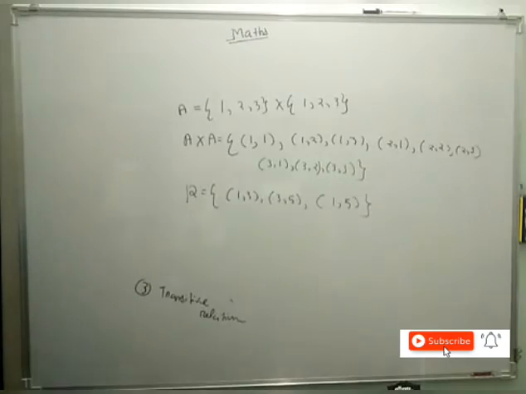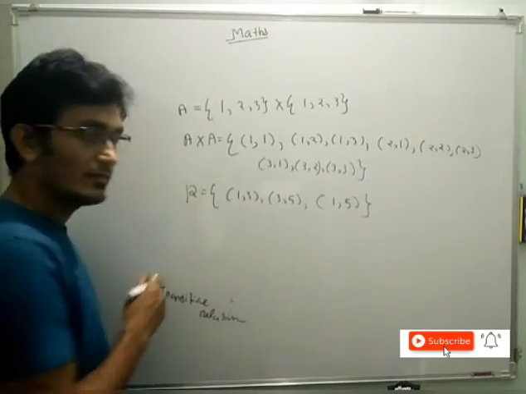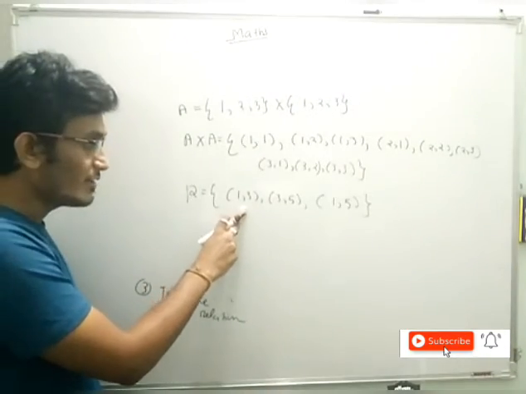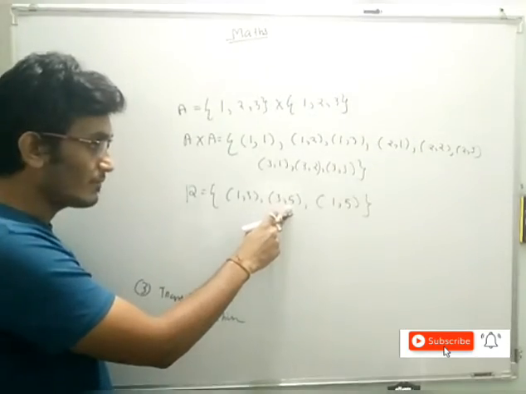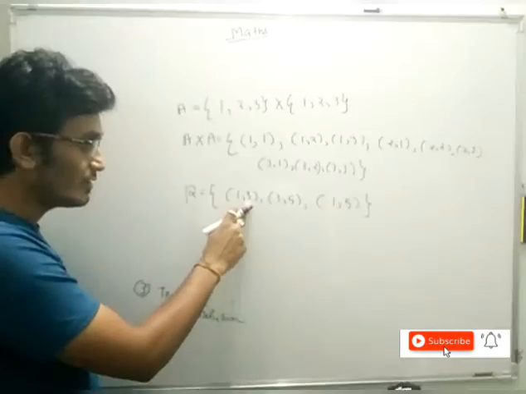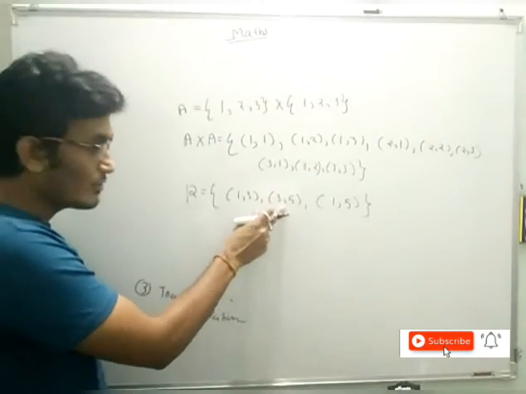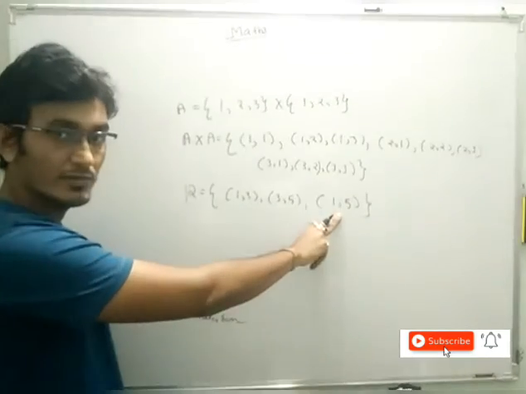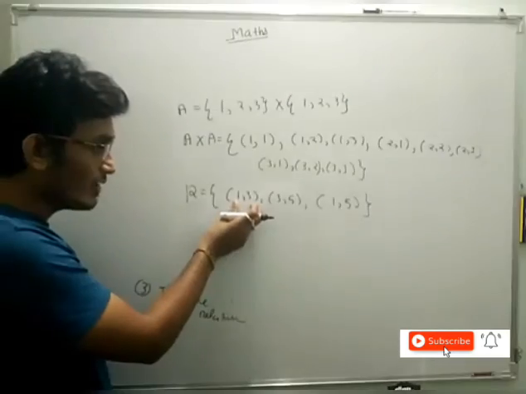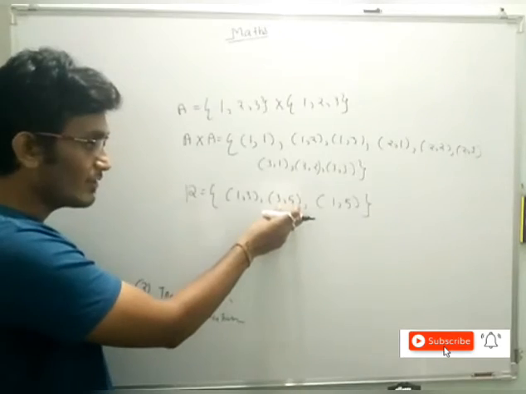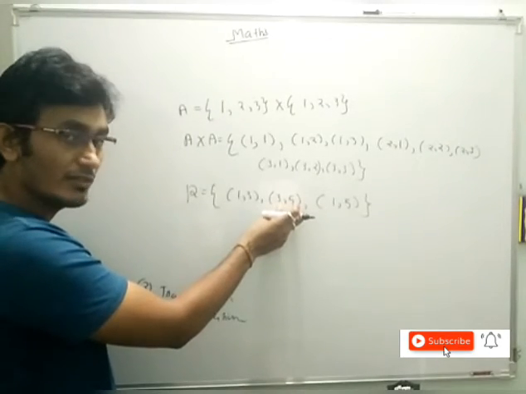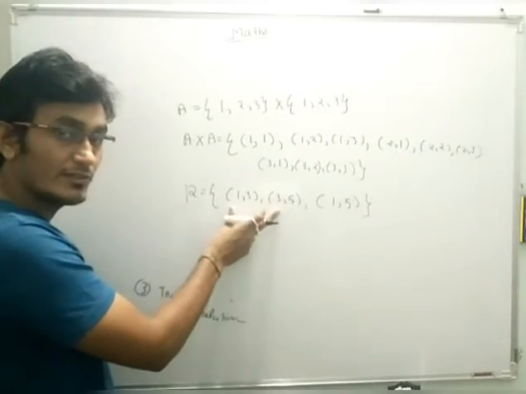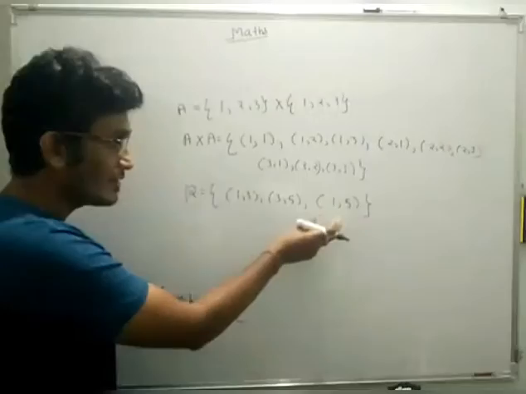In this case, while observing the elements, we see (1, 3). What is the related ordered pair? (3, 5). Yes, for (1, 3) the related ordered pair is (3, 5). When we combine these, we get the ordered pair (1, 5). After considering these two ordered pairs, we get this third ordered pair.